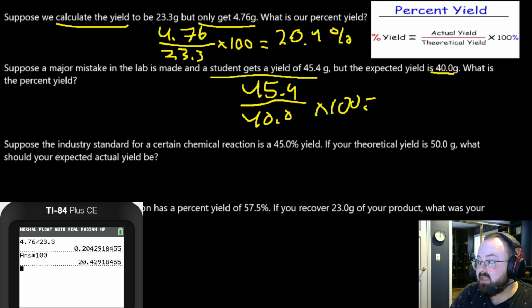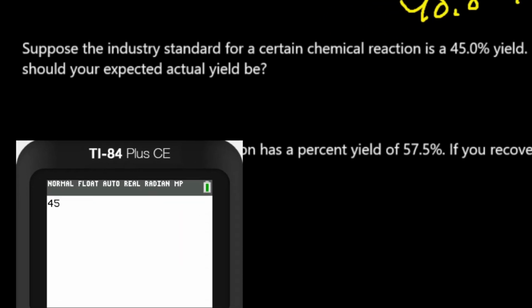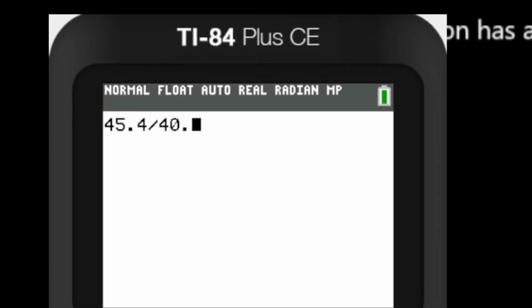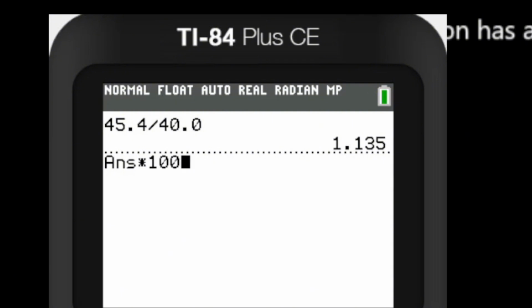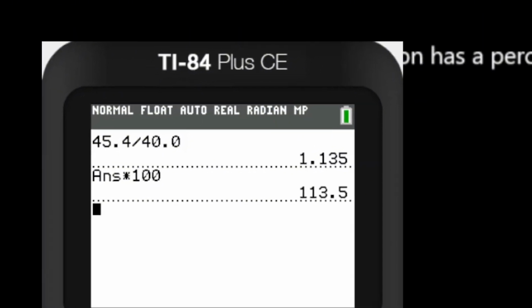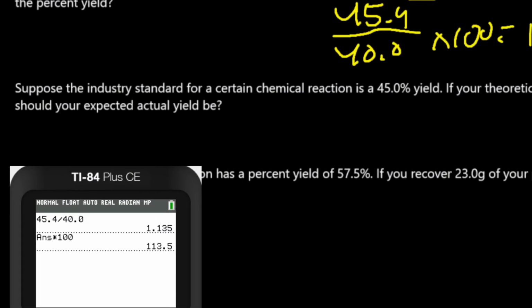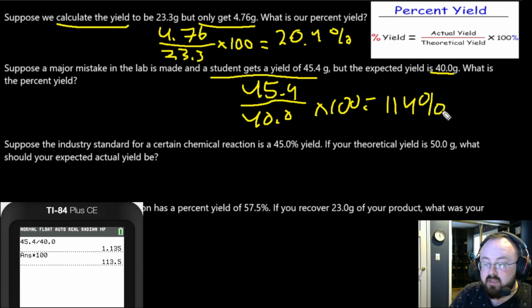So in this instance, we should be getting an answer that's over 100%. And that's okay. I prefaced it by saying, hey, maybe they made some mistake in this lab. And there's my answer down there on my calculator. Again, I have 3 sig figs, so we're going to have 114% yield. And that happens sometimes. Say you didn't dry your product enough and there's extra water that increases the mass or something like that. It's possible.